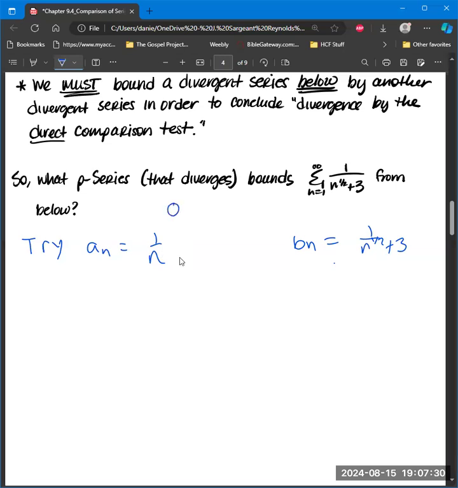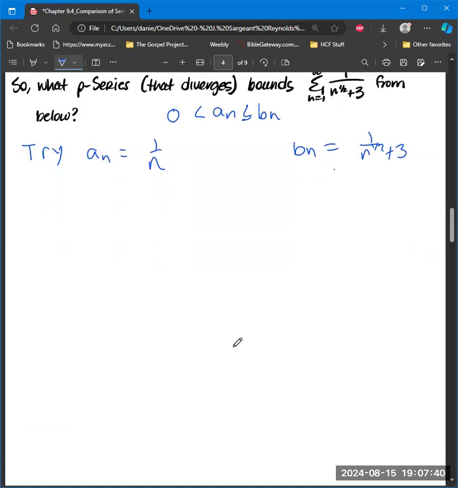So I want 0 less than an less than or equal to bn for all n, well, greater than or equal to something. I'll figure out which n that's going to be for. So let's try 1 over n less than or equal to 1 over n to the 1/2 plus 3.